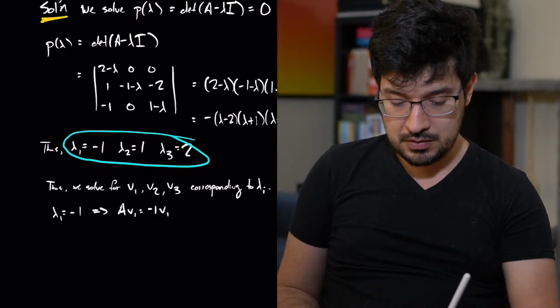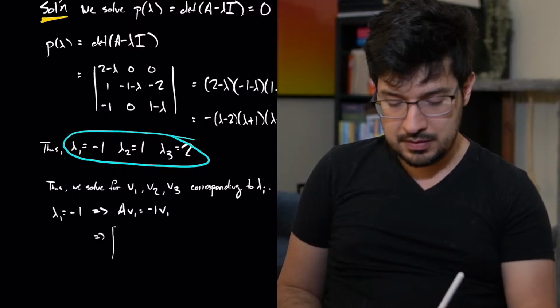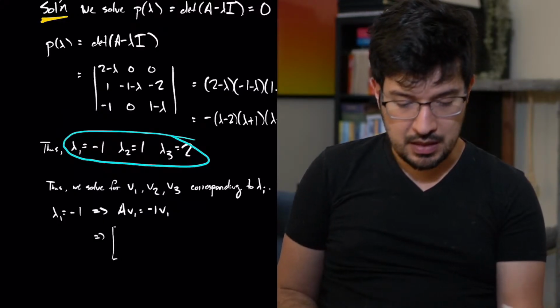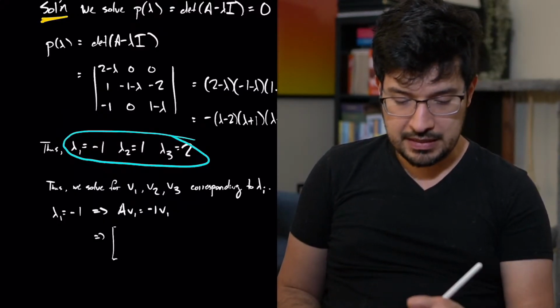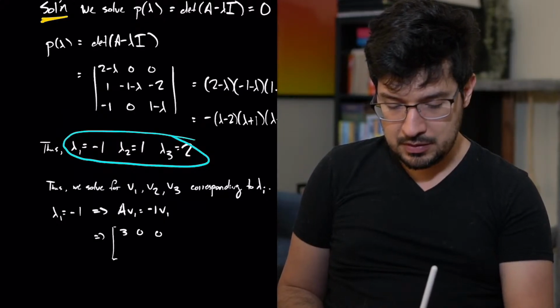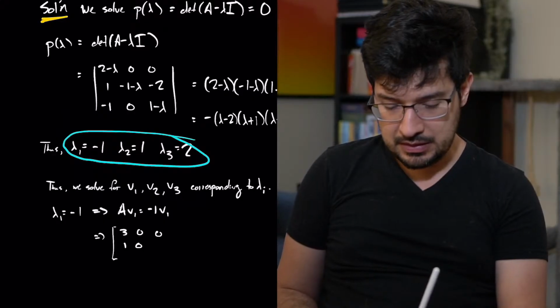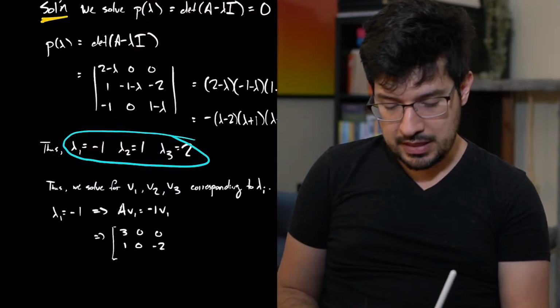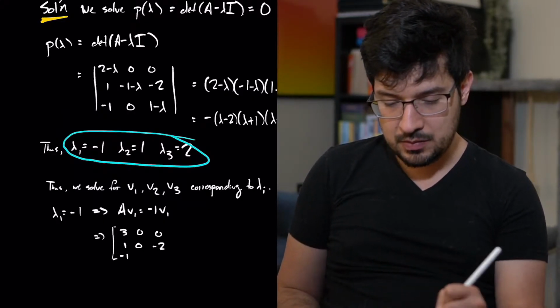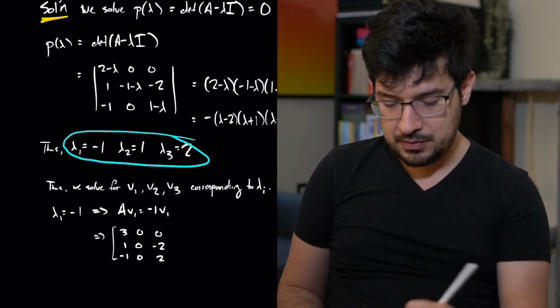which implies this system of equations. 2 minus negative 1 is 3, 0, 0, 1 minus 1 minus negative 1 is 0, negative 2, negative 1, 0, 1 minus negative 1 is positive 2.